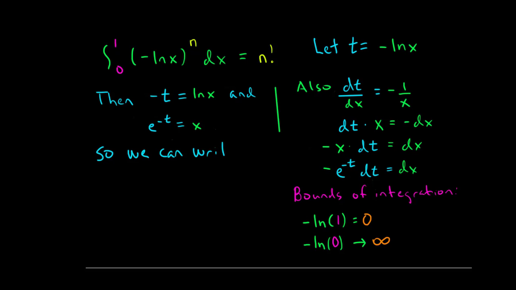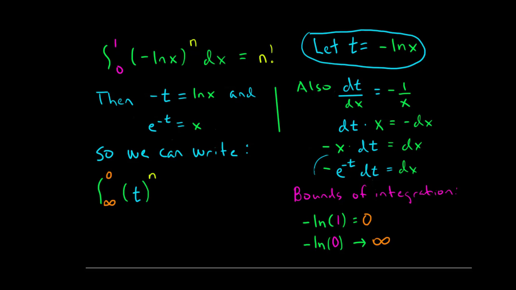So the bounds of our integration are these, and we can then write the integral this way, the integral from 0 to infinity. And here's our substitution here, letting t equal negative ln of x. So we get t to the n, and there's our dx expression, so times negative e to the negative t dt equals n factorial.